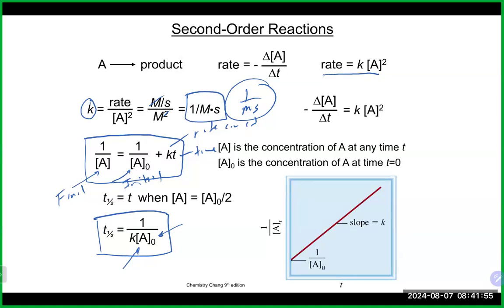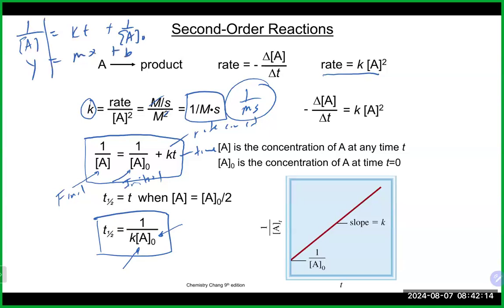So in this particular case, we also can rearrange this in the form of a straight line, which is very common in terms of our kinetics here. And that's going to be y is equal to mx plus b.